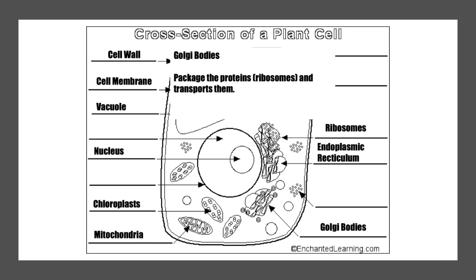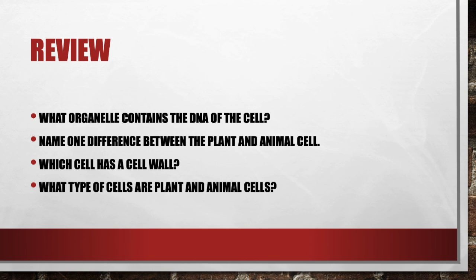All right, so now we're going to do a little review. Let's see what you guys can remember, okay? So the first question is, what organelle contains the DNA of the cell? Good job, the nucleus. All right, next question. Name one difference between the plant cell and the animal cell. We just talked about this. Good, the cell wall.